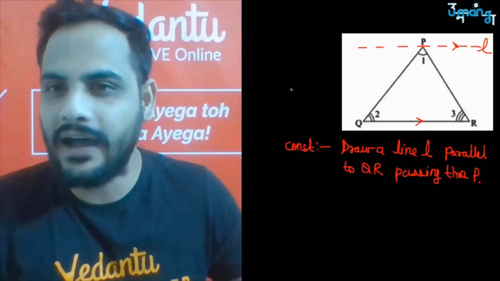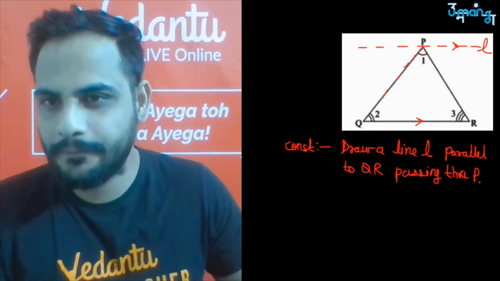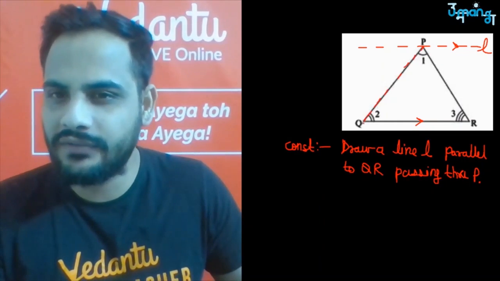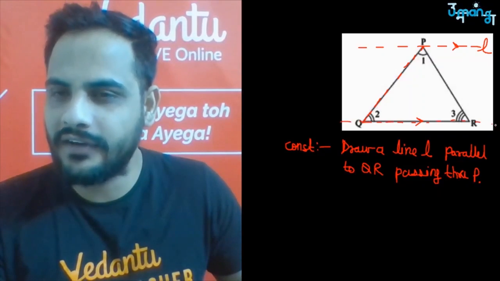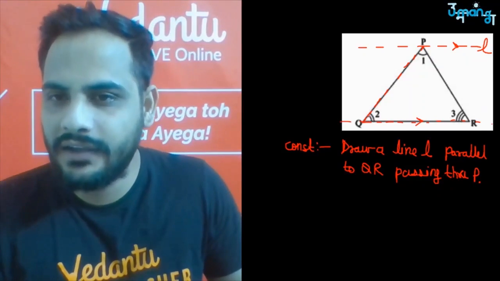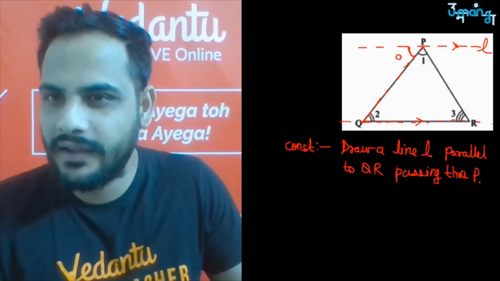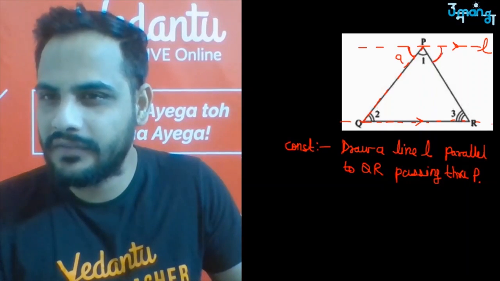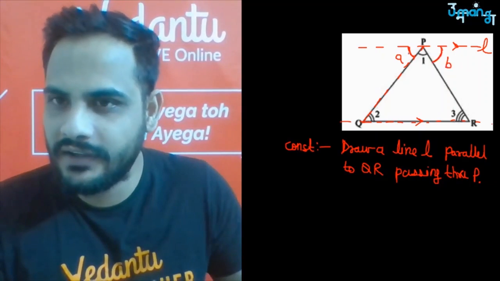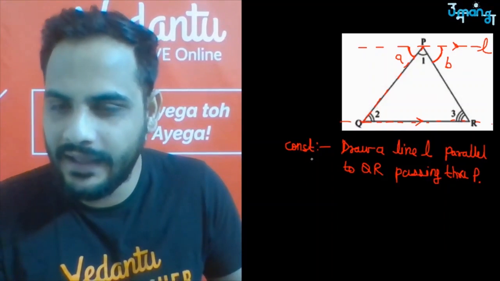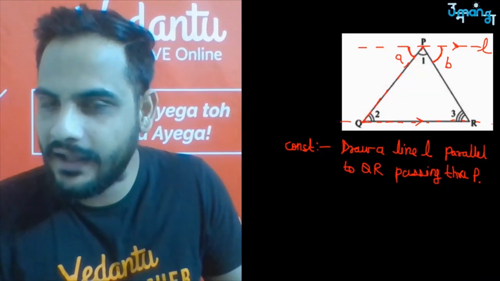बेटा, if they are parallel lines, you can clearly see that this PQ is acting as a transversal. So I can say that if we name this angle as angle A and this angle as angle B, and this line L is parallel to line QR, then angle A and angle 2 should be equal.